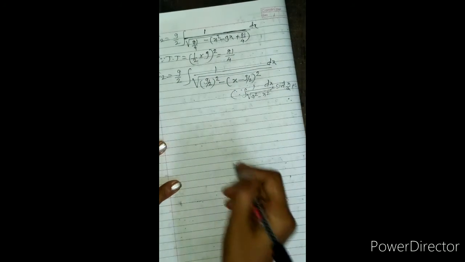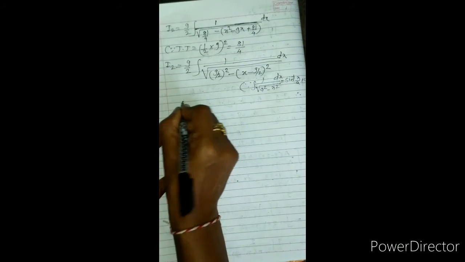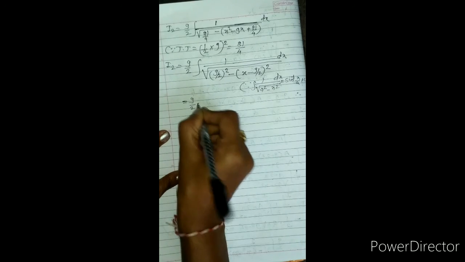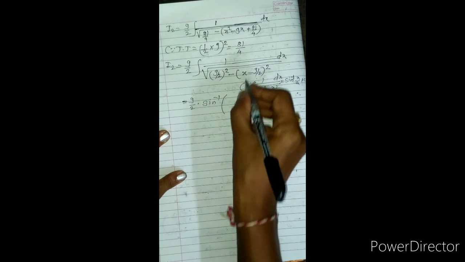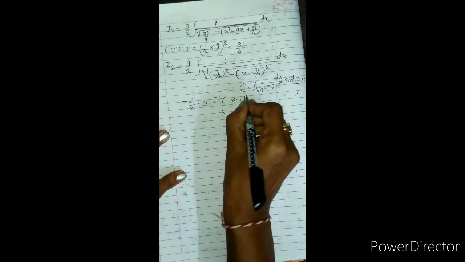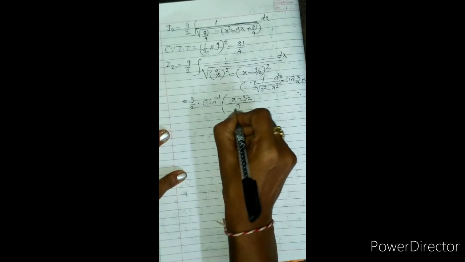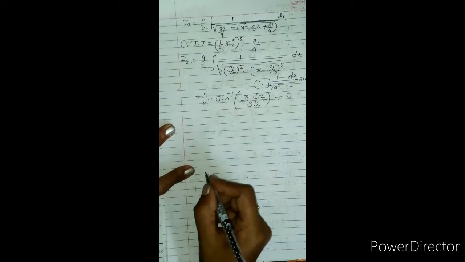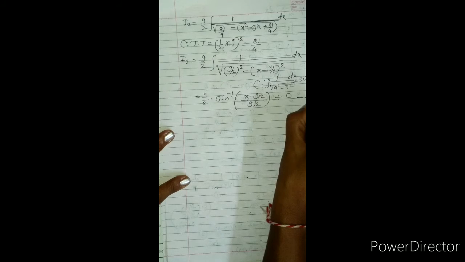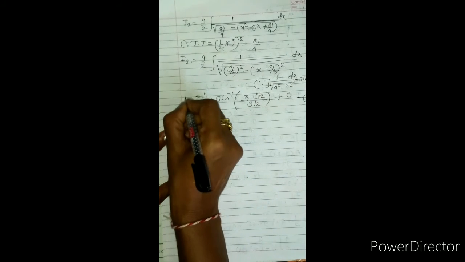So by using this result we get I2 as 9 by 2 sine inverse of x upon a, where x is x minus 9 by 2, divided by 9 by 2, and we take the constant of integration. All this is the third integral.